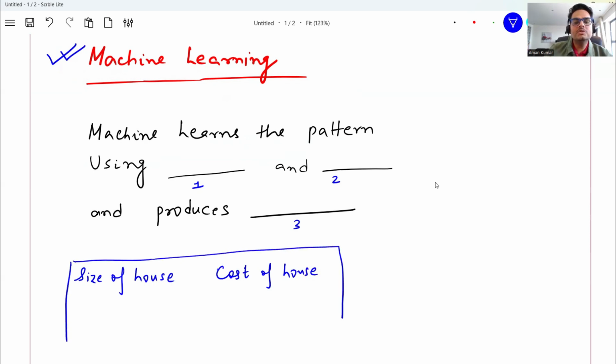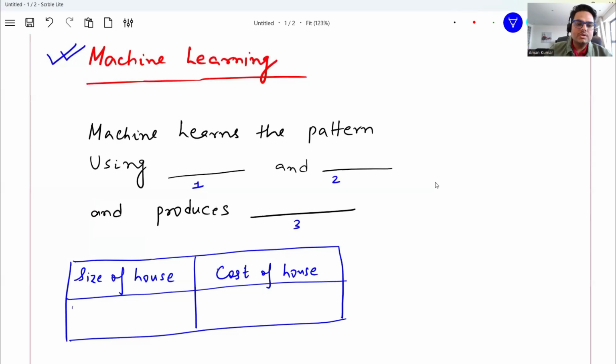What are my 2 columns? Column is size of the house and cost of the house. So in this, I can have many records. For example, first record, I can have, let's say 1200 square feet house. Price could be, let's say 80 lakhs. Then there could be 1400 square feet house. Price could be, let's say 90 lakhs and things like that. Okay. This is my data.